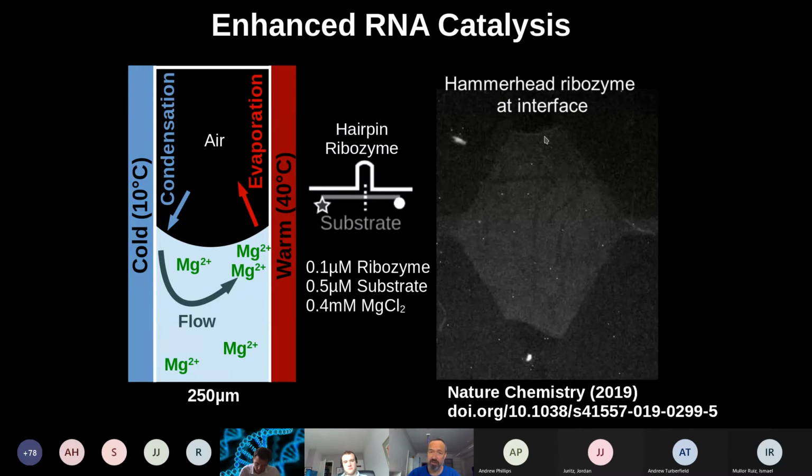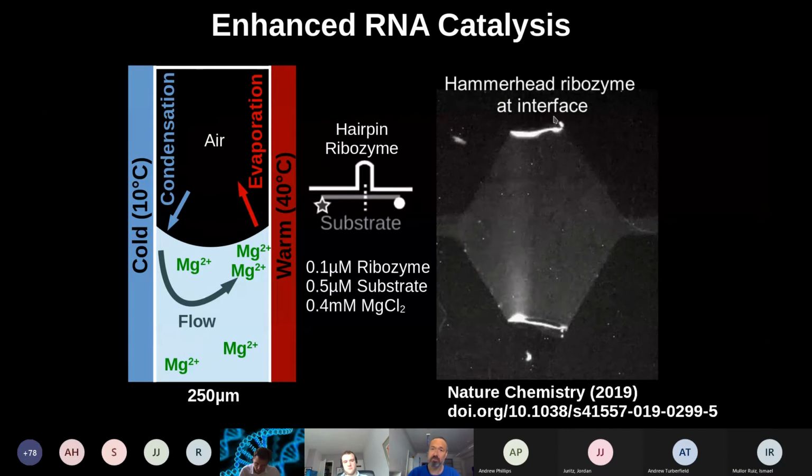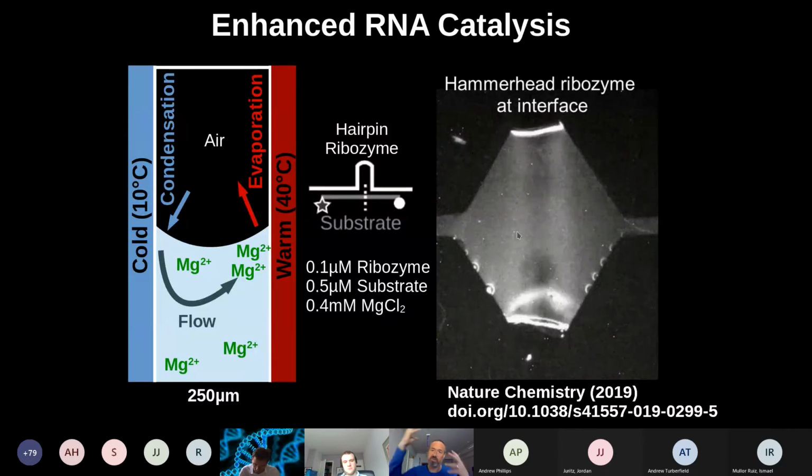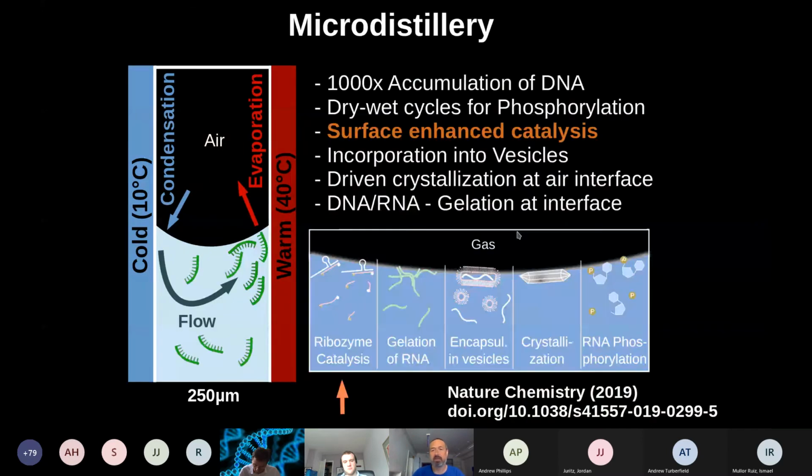So this is now an RNA enzyme which is cutting a substrate, and you see that by fluorescence, and it's really active very much at these interfaces. So there's air on top, and at the bottom this is liquid, to the point that it really fills the whole interface. And we could observe here a number of interesting effects: ribozyme catalysis, chelation, so things are aggregating again into big aggregates, encapsulating DNA and RNA into vesicles, crystallization, and also phosphorylation.